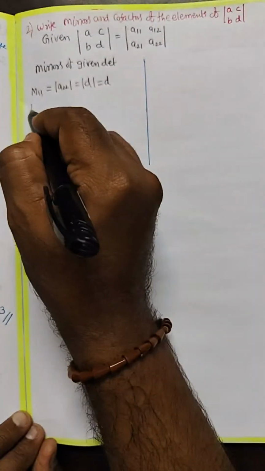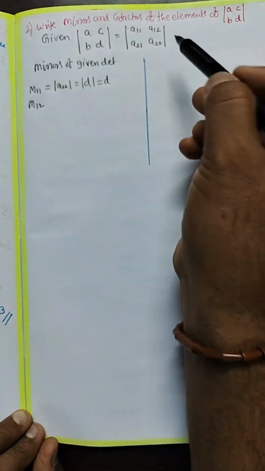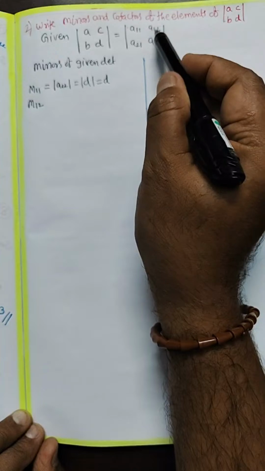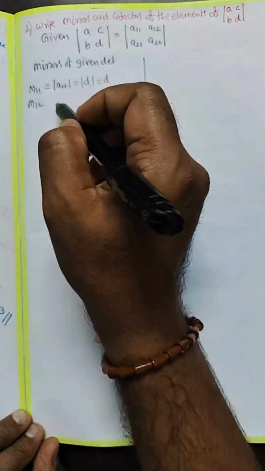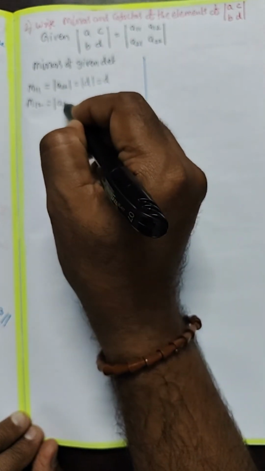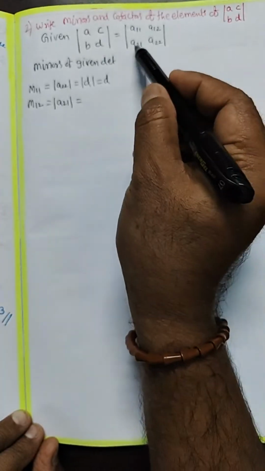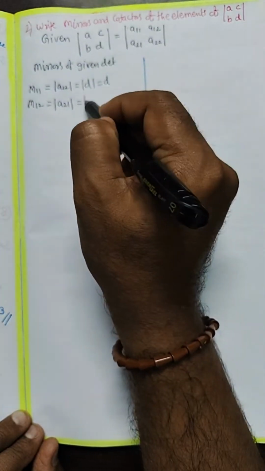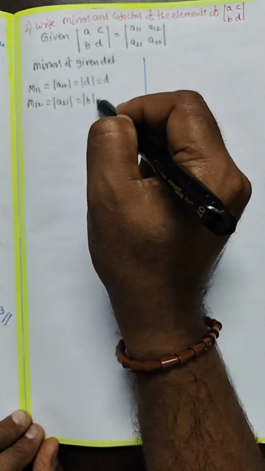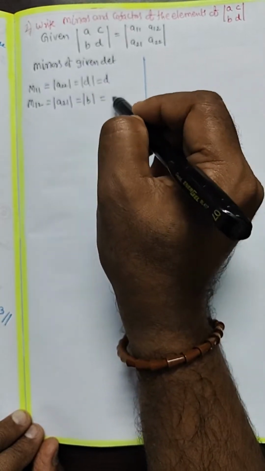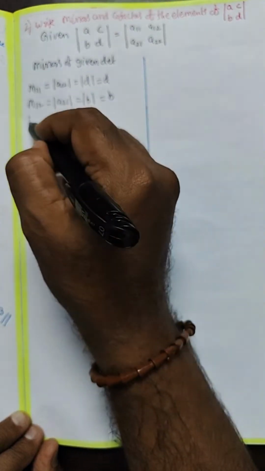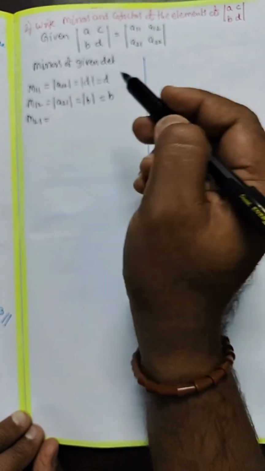Okay, dear students, let us consider M12. Eliminating this row and this column, A21 will be there, that is equal to A21. Whatever value is in the A21 place, that only you write. Determinant B, we cannot say mod. Determinant B is equal to B. Next M21, second row, first column.